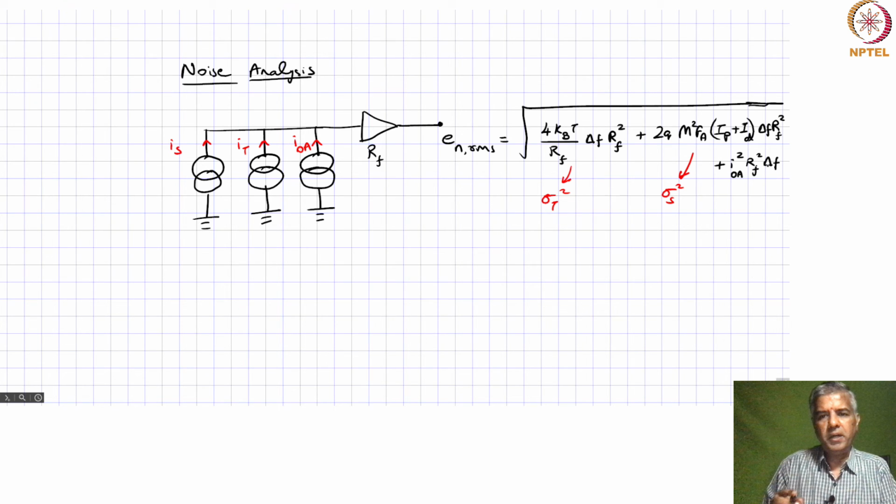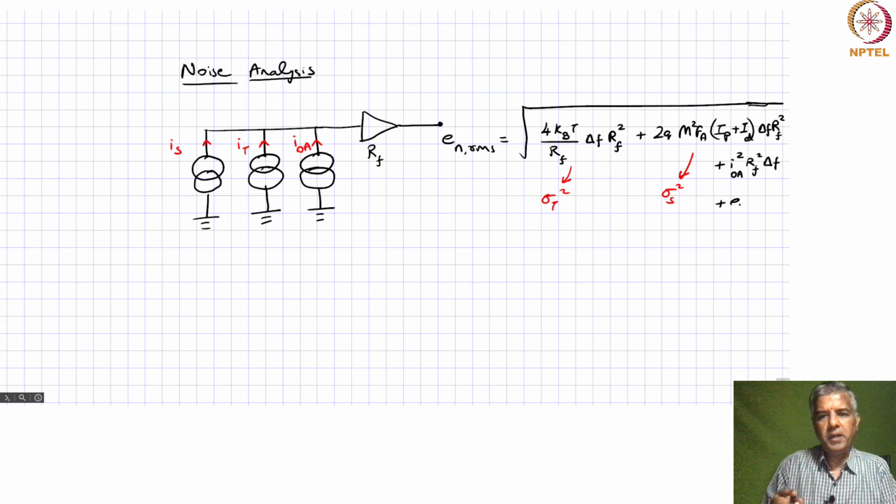That is one term, and the other term that you could also have is a certain voltage noise. This is what we are talking about, current noise, but there could be a voltage noise also. But when we talk about voltage, the transimpedance amplifier from a voltage gain perspective is a unity gain amplifier.